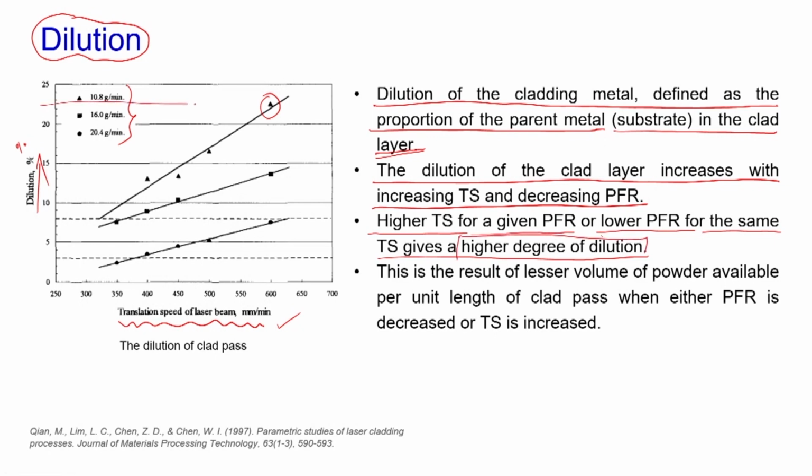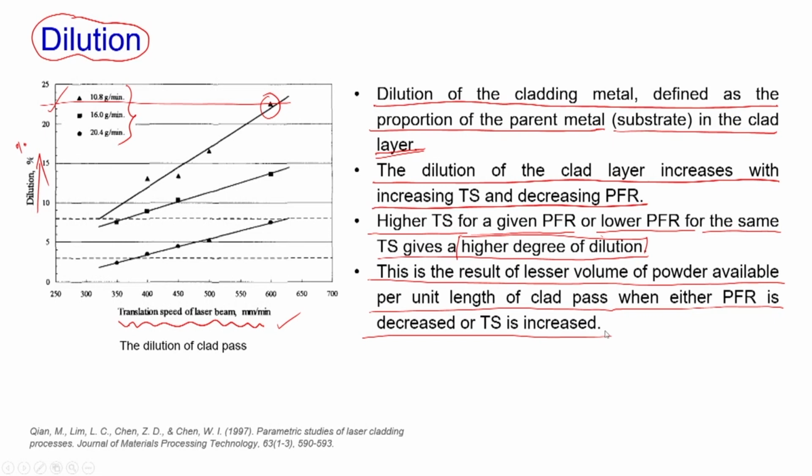The dilution is much higher in this case. This is the result of a lesser volume of powder available per unit length of the clad pass when either PFR is decreased or TS is increased.